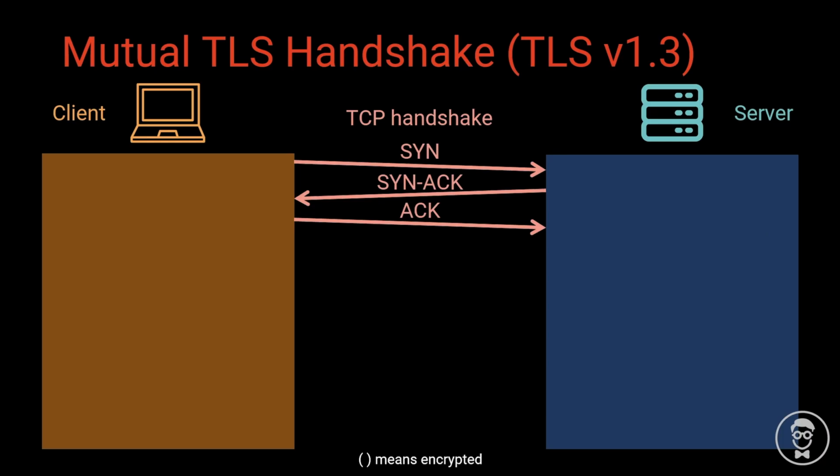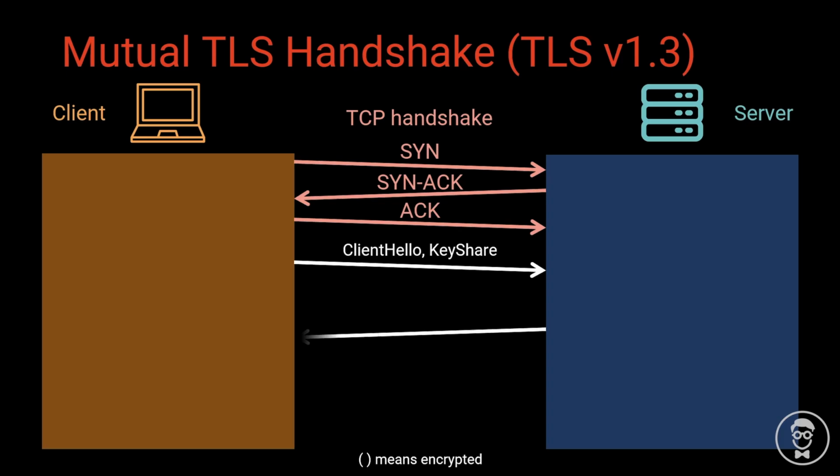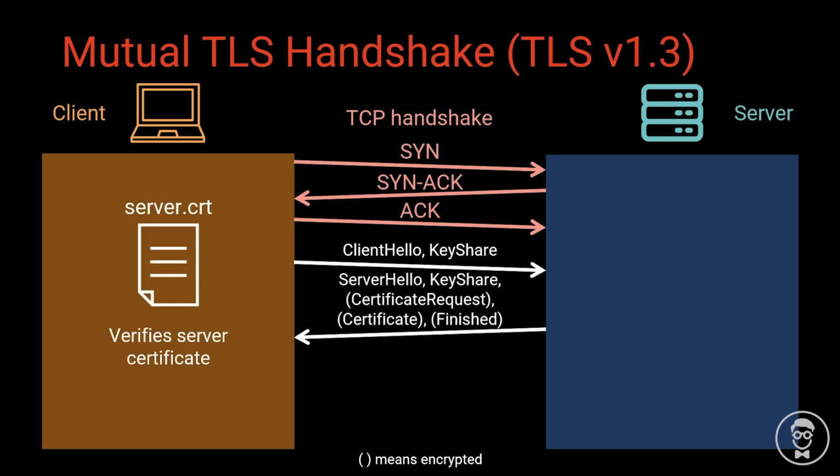Something you might have noticed is that the focus is on the server authenticating to the client. In some cases, you might want to have clients authenticate to servers, such as on highly secure corporate networks or when securing Internet of Things devices. The TLS handshake process is similar, but there is an additional step where the server requests the client's certificate while sending its own certificate.